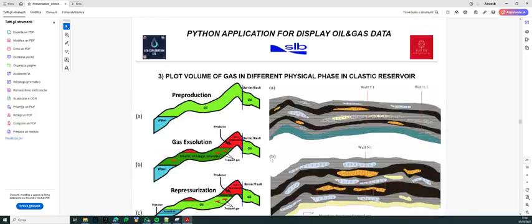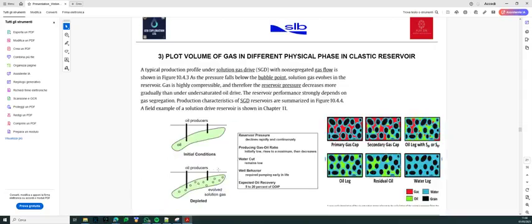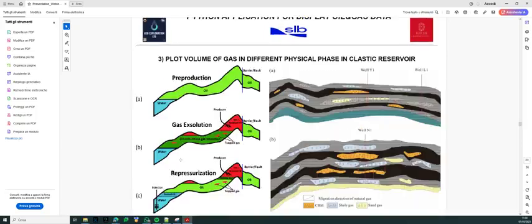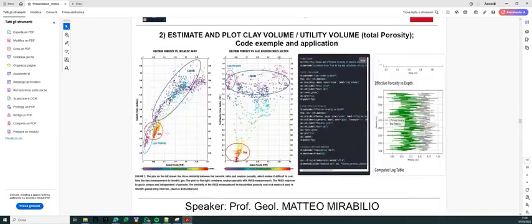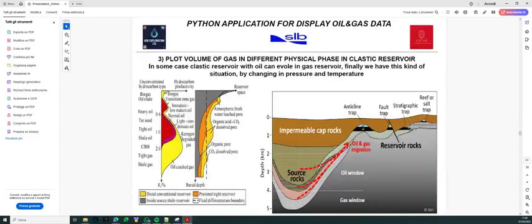It's clear that you need to control the pressure. This is a real case extracted from the Schlumberger database. You need to control the pressure and transform all the vapor gas into the condensate phase.